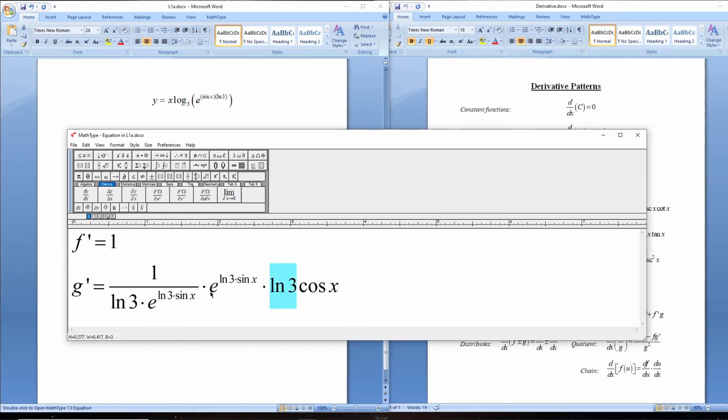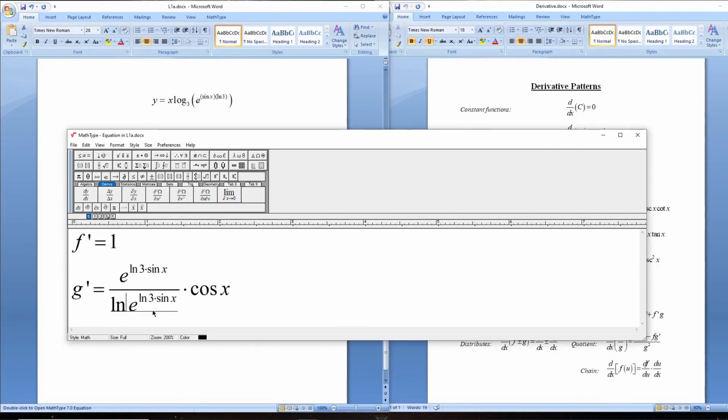Take this log 3, stick it up here, because then we can see these log 3's cancel. And if we do that, we notice these e's cancel. Well, that's pretty nifty. And that all comes down to cosine.